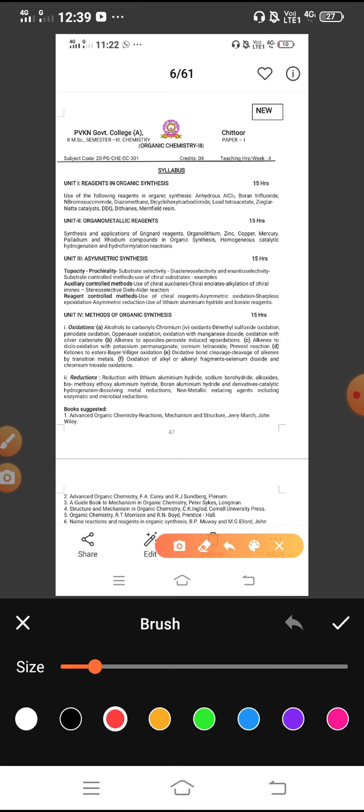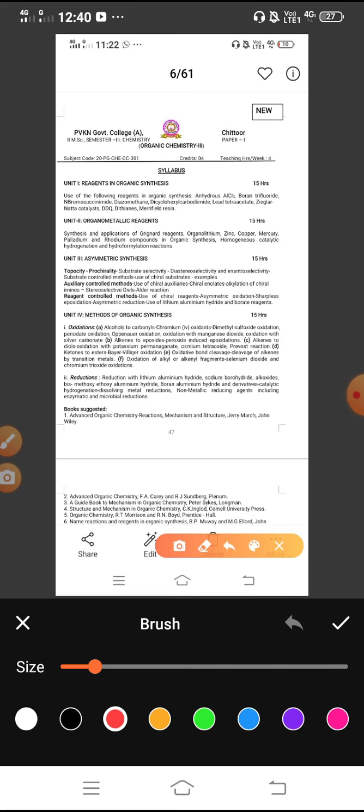First we will discuss the introduction of reagents, starting with oxidation reagents. Oxidation means addition of oxygen to the substrate.